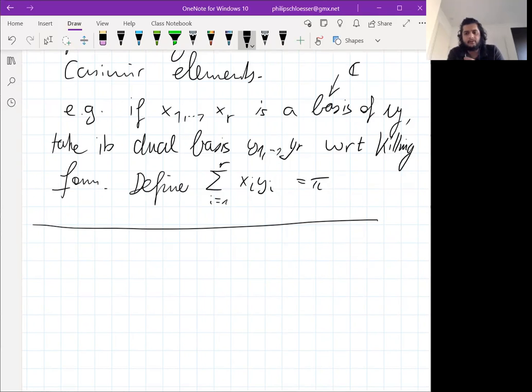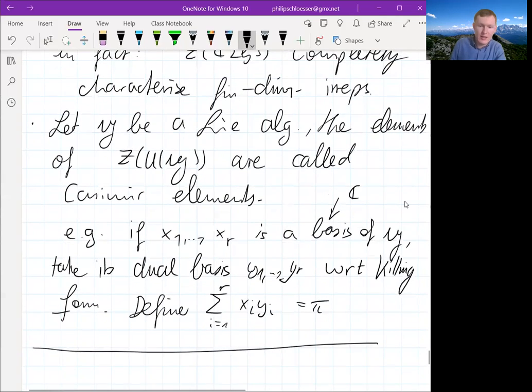In this case, would this Casimir element be metric dependent? It depends on the Killing form, and the Killing form can be defined without any kind of metric.